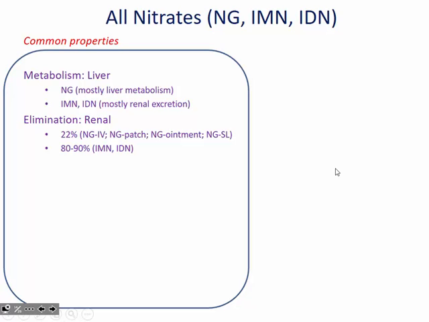How do these nitrates get metabolized? Nitroglycerin, we already saw, has high first pass metabolism, so there's a very high amount of liver metabolism, whereas isosorbides are excreted through the kidneys. Thinking about choosing between these two in renal disorder patients and liver disorder patients, which one would you choose in case of severe liver disorders?